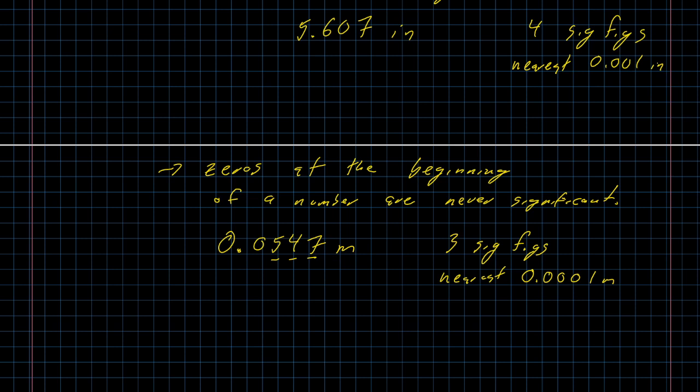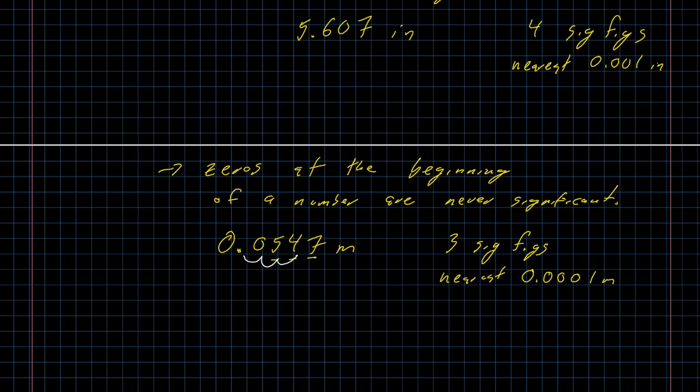Well, why do we use this rule? Think about a unit conversion. This measurement is in meters, but it's really small. It might make more sense to write this measurement in the unit of millimeters. There are 1,000 millimeters in 1 meter.